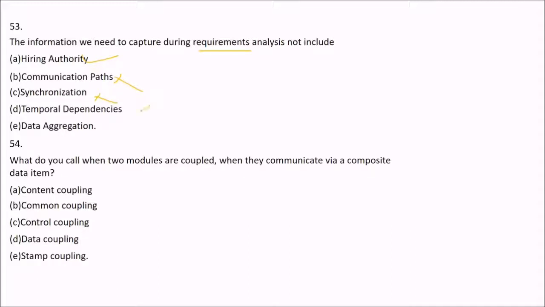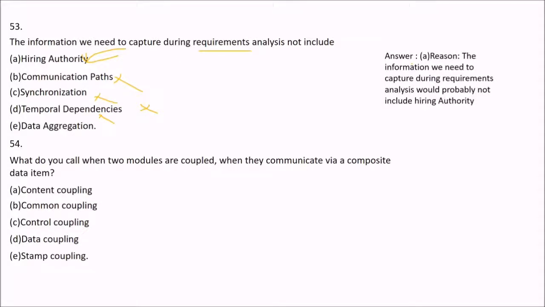Synchronization, no. Temporal dependencies, no. Data aggregation, no. So, the answer is hiring authority. The information we need to capture during requirement analysis will probably not include hiring authority. Others will be correct. So the answer would be A.